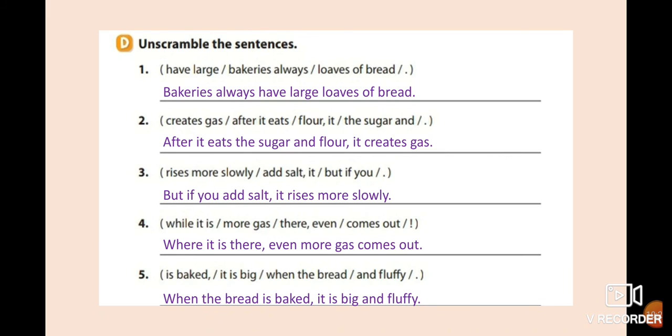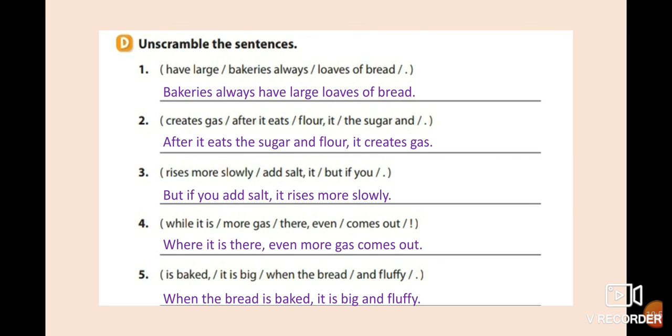Number one, bakeries always have large loaf of bread. After it eats the sugar and flour, it creates gas. But if you add salt, it rises more slowly. While it is there, even more gas comes out. When the bread is baked, it is big and fluffy.